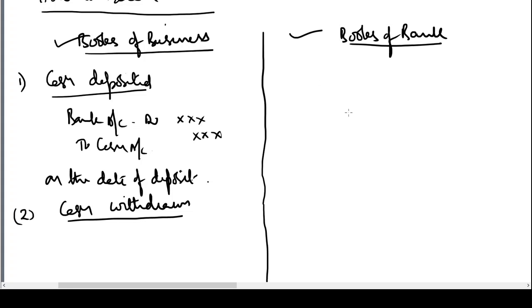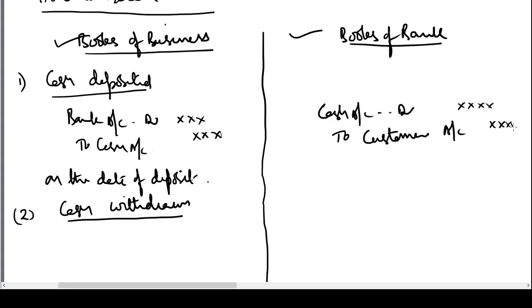When will the bank pass an entry? When the bank receives the cash from you, cash account debit. Now who is giving this cash to the bank? Customer is giving the cash, so customer account will be credited. Customer account is nothing but the passbook, so our passbook will be credited only on the day when the bank passes this entry. So generally, when will the bank pass this entry?